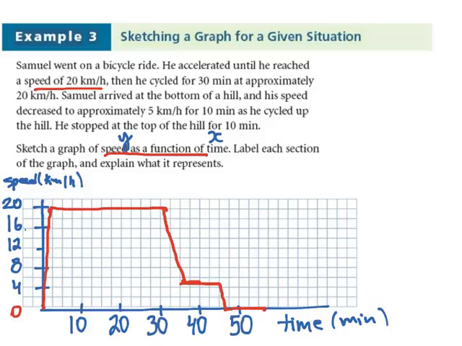So now let's explain what each segment represents. The first segment shows acceleration. Samuel, or Sam, accelerated his bike. Then the top part is constant velocity, so speed doesn't change. Constant speed.